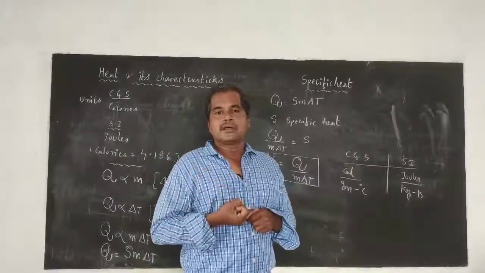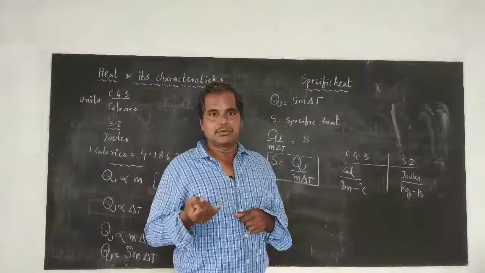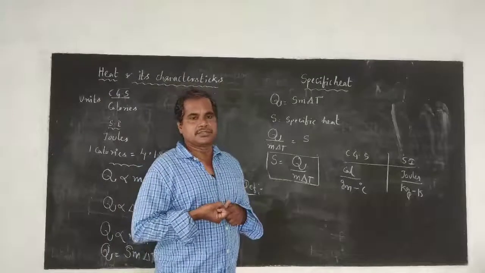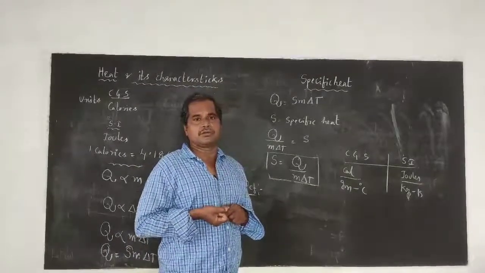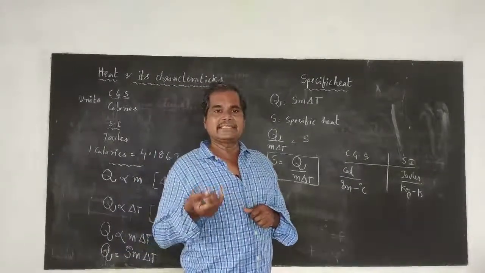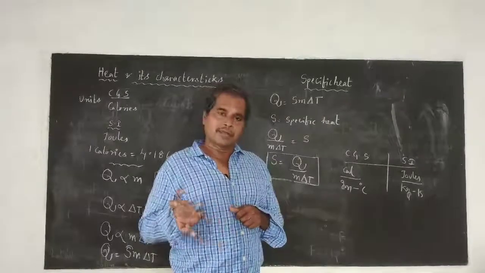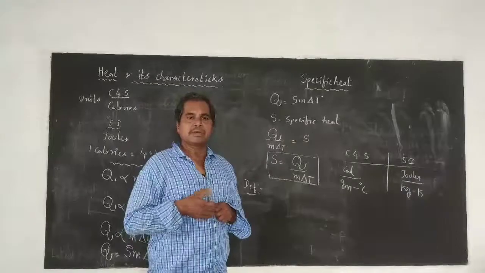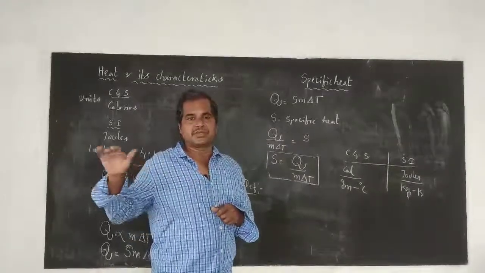So water has the high specific heat value. Due to this reason, for any substance which has high specific heat value, the rate of increasing the temperature, and at the same time the rate of decreasing the temperature of that substance, becomes very slow.